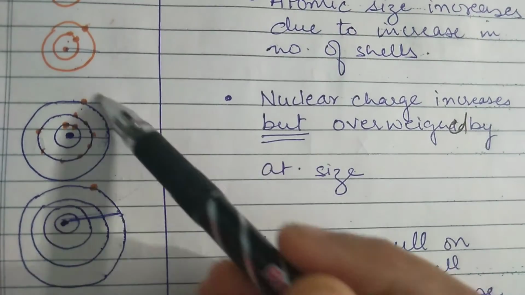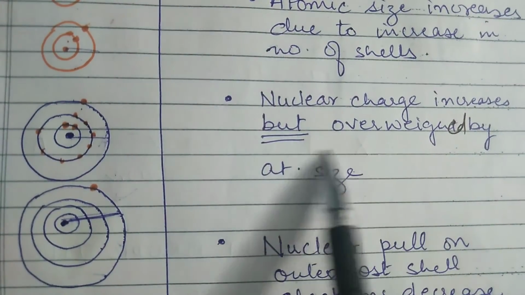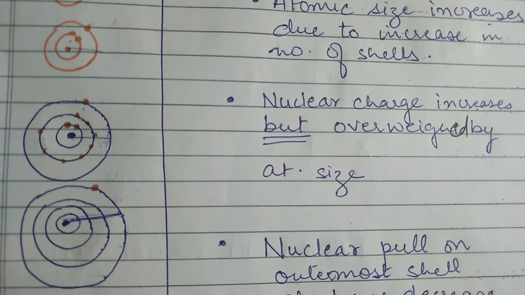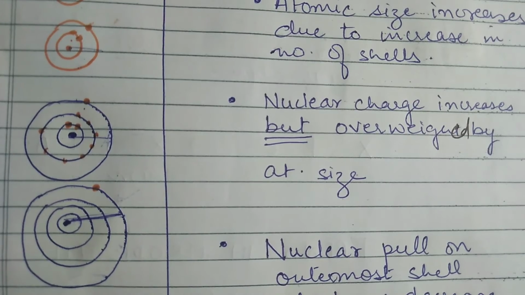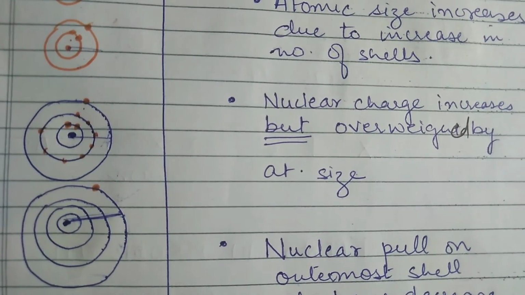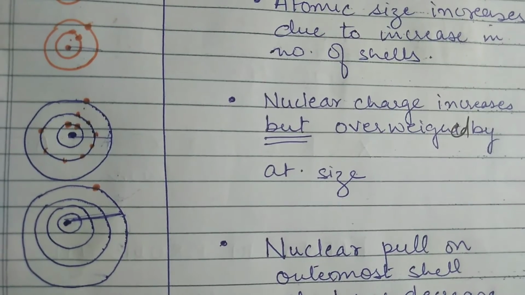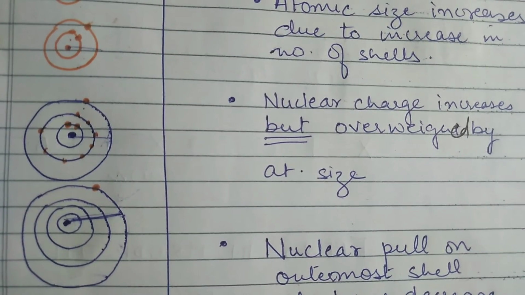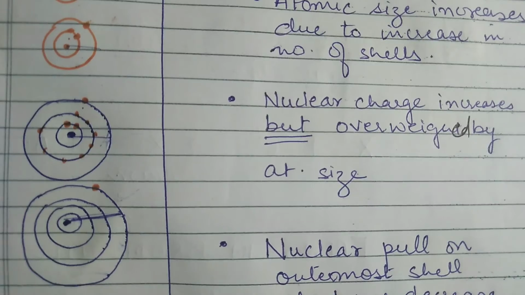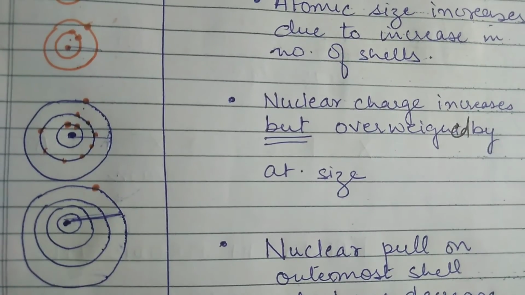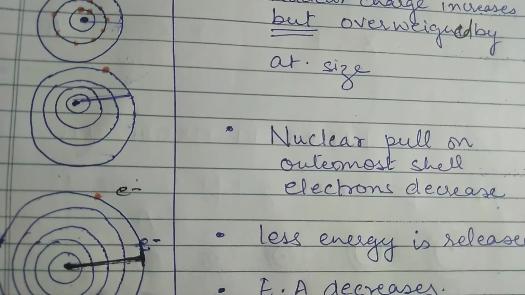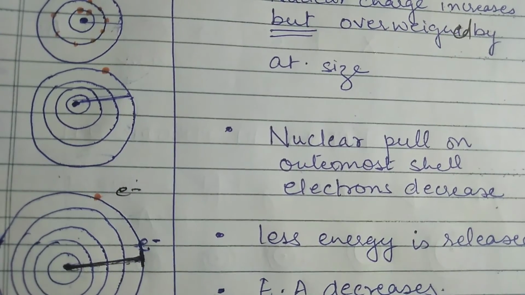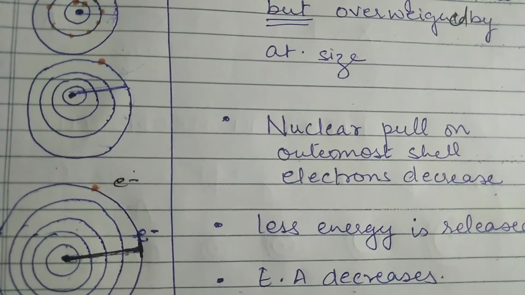Atomic size overpowers the effect of nuclear charge. The atomic radius, meaning the distance from the center of the nucleus to the outermost shell, is increasing. Because the distance increases, the effect of nuclear pull is decreasing. Now if the electron is outside, it will not be able to enter the atom with ease, so less energy will be released.